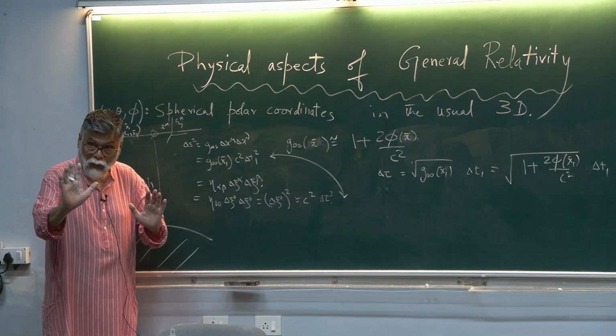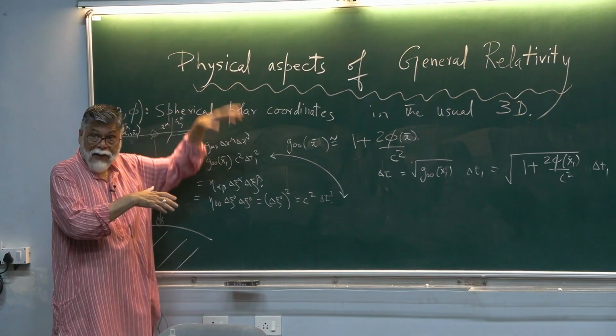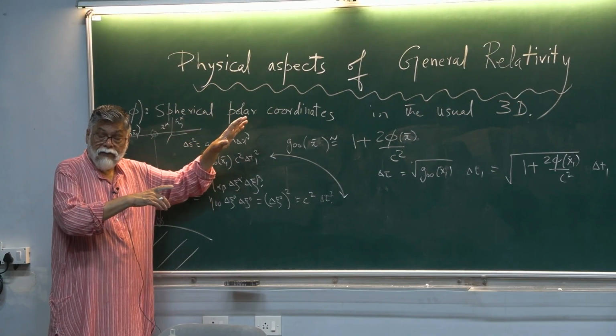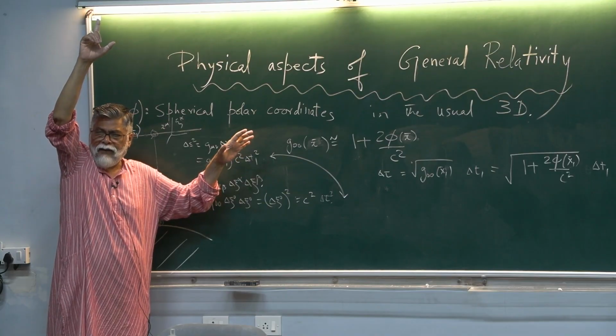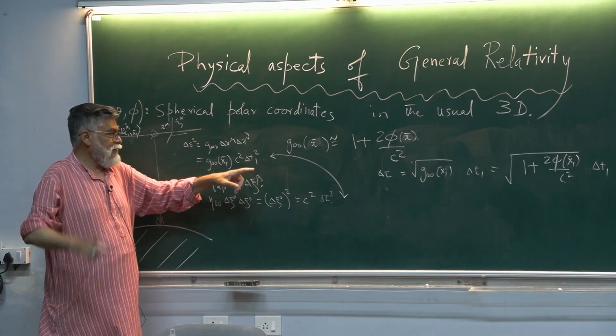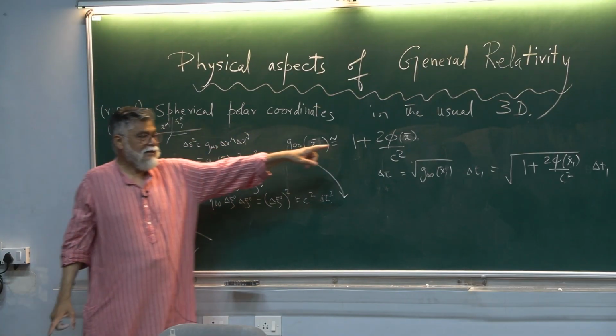Okay. Now, the clock could have been anywhere. So supposing I have a clock so very far away that phi is 0. Why?